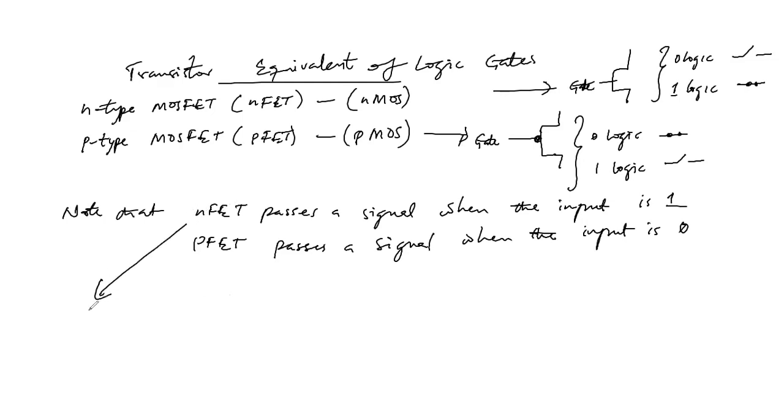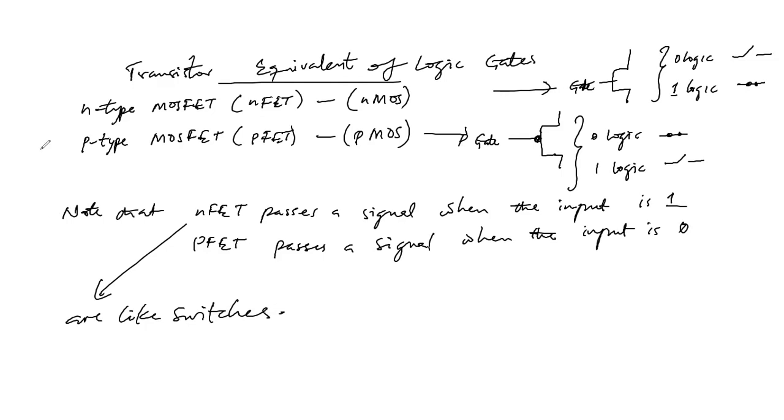So NFETs are like switches. And the PFETs are like switches also that are closed when the gate is given a 0 input and are open when the gate is given a 1 input. So a logic gate can be designed by combining the NFET and the PFET.